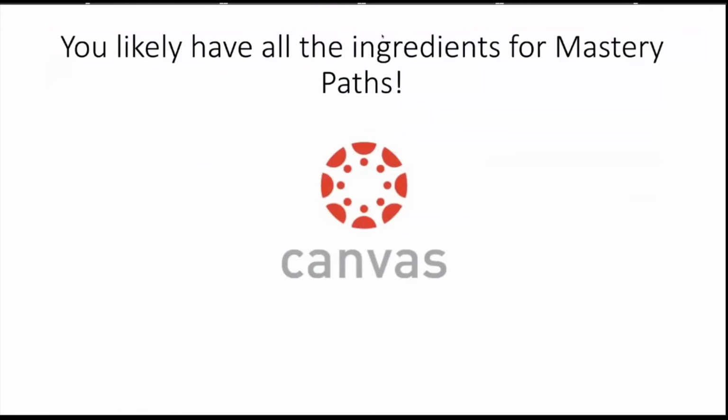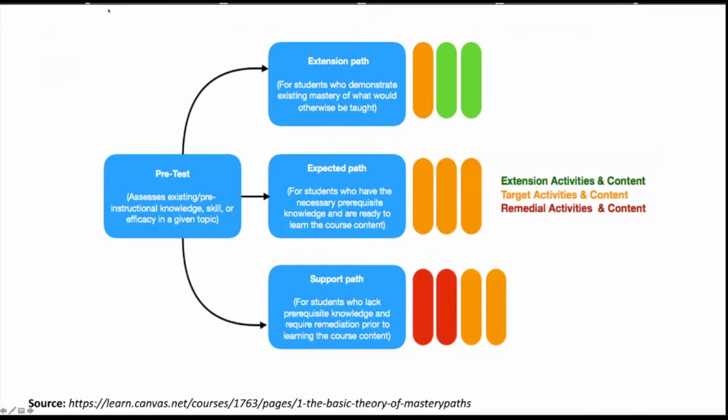You probably have most of what's needed, because what's going on here is you've got this pre-test and then an expected path. So this is probably how you're routing students now anyway, right? You're routing them through this expected path, which is targeted activities and content.